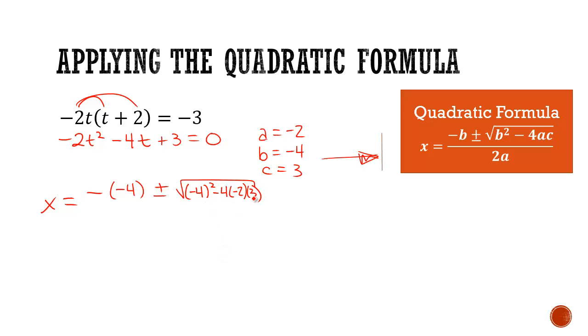Notice you could find the discriminant. What is the discriminant? Try to find it. Well, this will be 16 plus 24, which will be 40. So this tells us that the root's going to stay and it's not a perfect square.